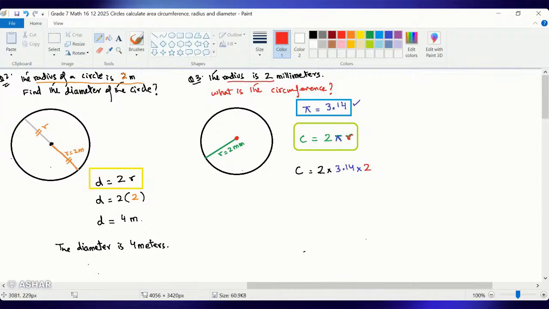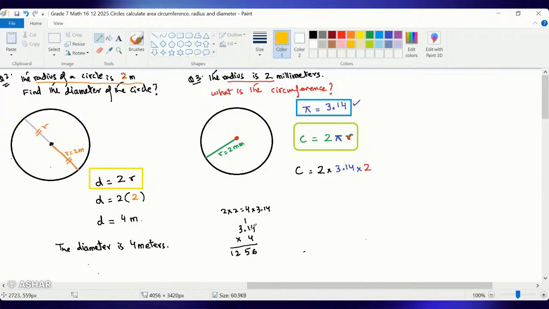So what we can do is multiply. 2 multiplied by 2 is 4. And when 4 is multiplied by 3.14, 3.14 multiplied by 4: 4 times 4 is 16. Carry 1. 4 times 1 is 4 plus 1 is 5. 4 times 3 is 12.